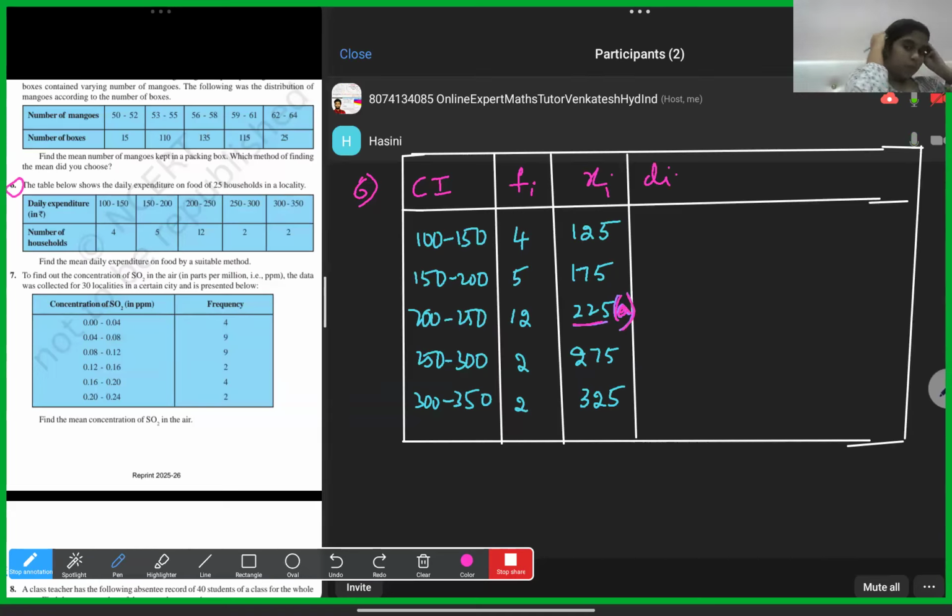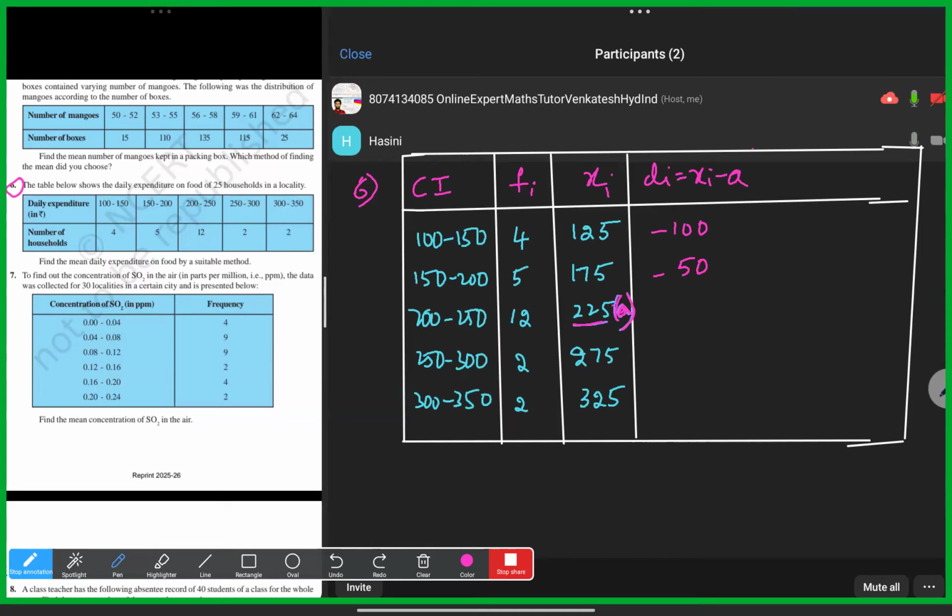Now di is equal to xi minus a. So 125 minus 225 is minus 100. Then 175 minus 225 is minus 50.